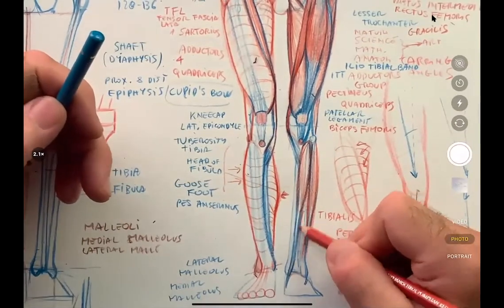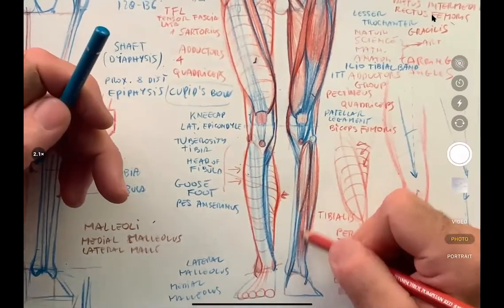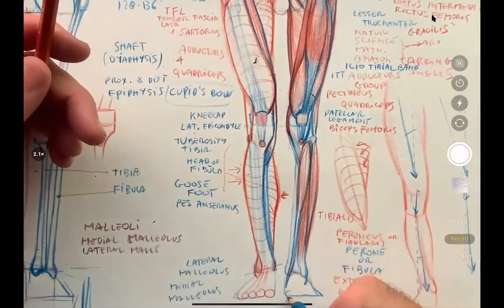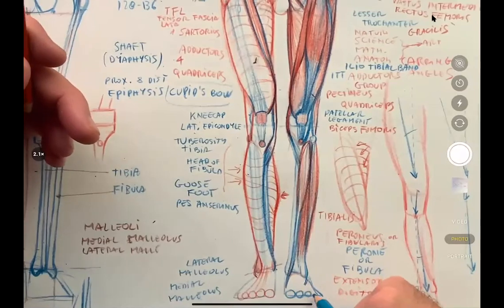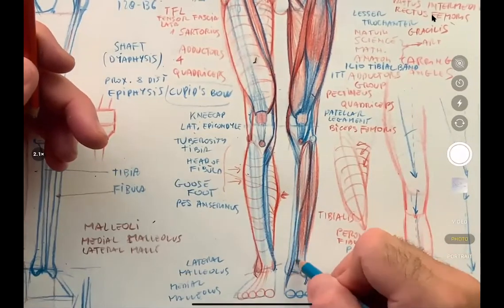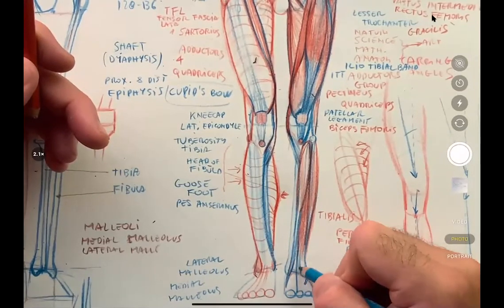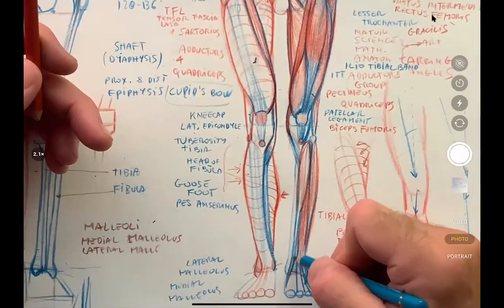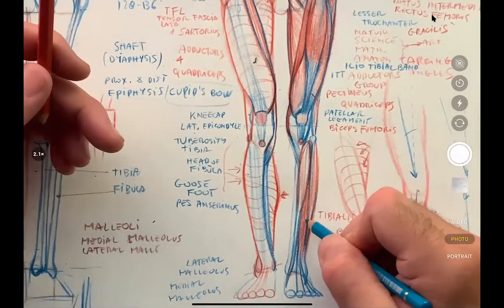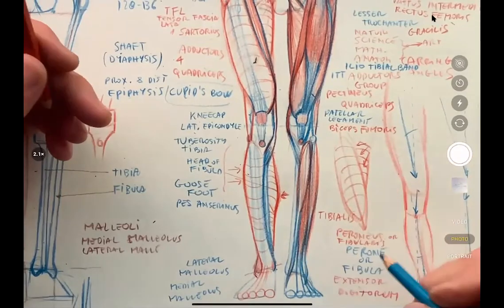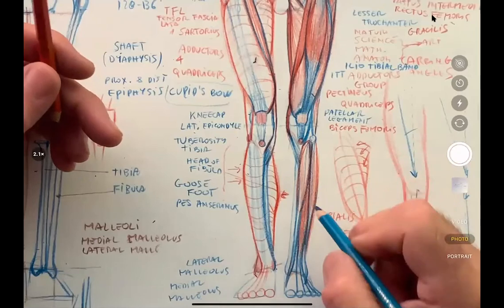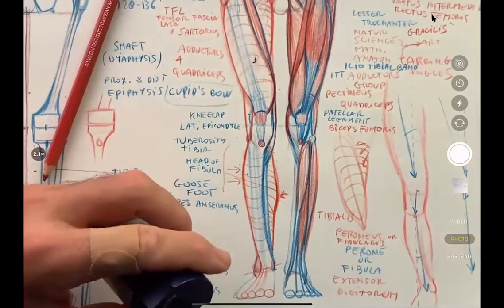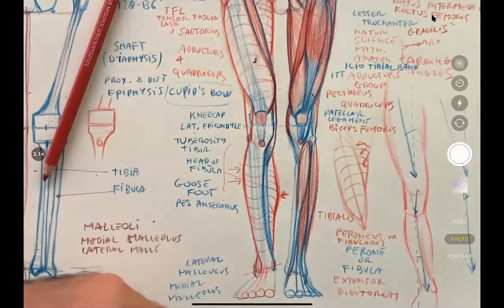And this goes to the toes. So let's block in the toes. 1, 2, 3, 4, 5. From here goes 1 to the second, third, fourth, and fifth toe, but not to the first because the big toe has its own tendon, right? So now I have 1, 2, 3 muscles. And again, that is the extensor of the toes.